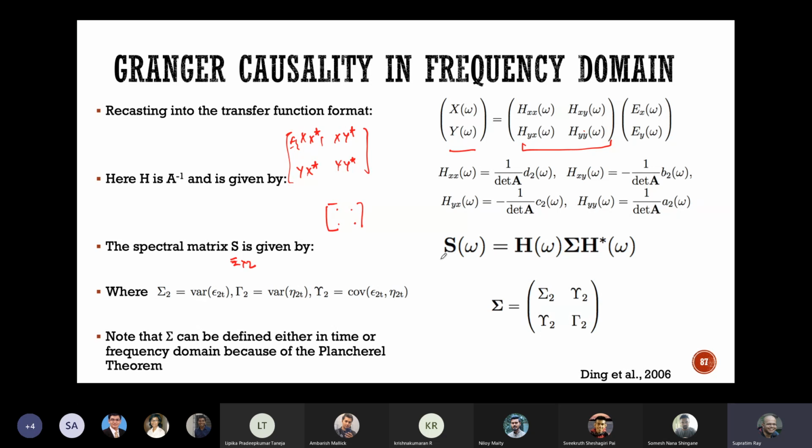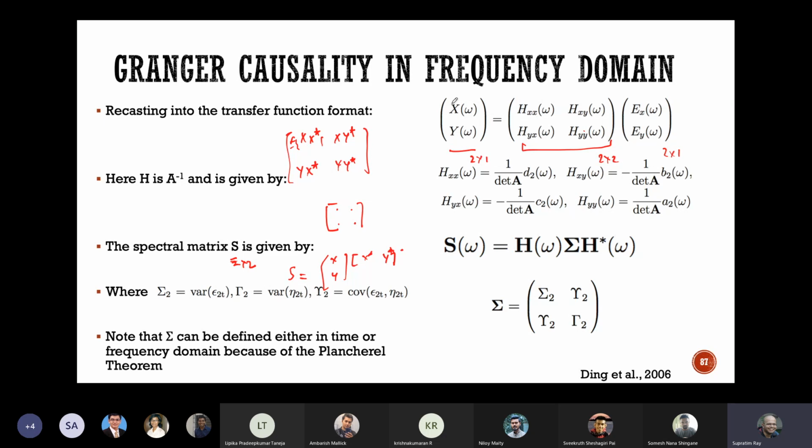Well, it's straightforward. The spectral matrix is just this XY multiplied by its conjugate, which will give you this. And this vector is just H multiplied by this, right? So this is a column vector. It's 2 cross 1. This is a 2 cross 2. This is a 2 cross 1.